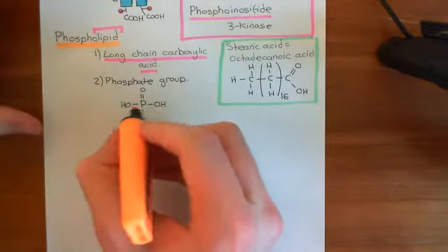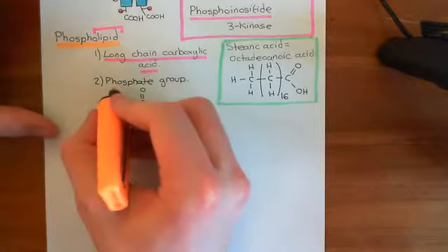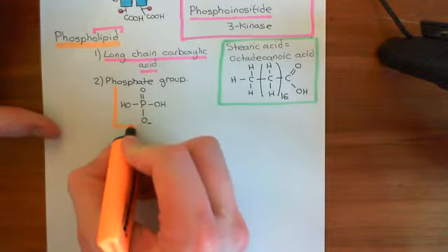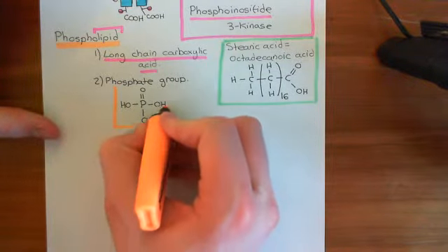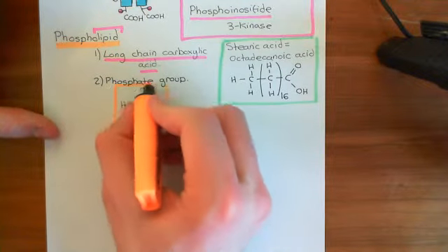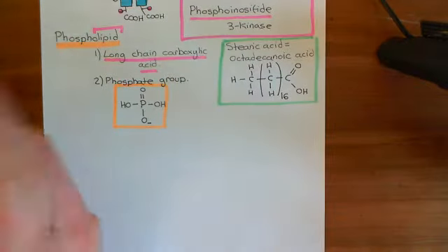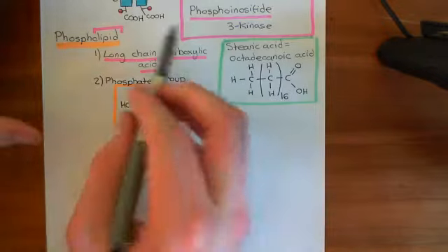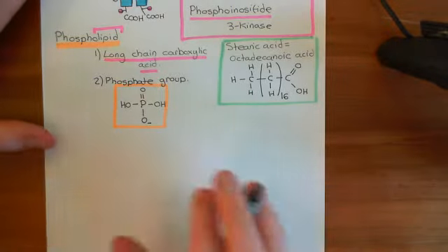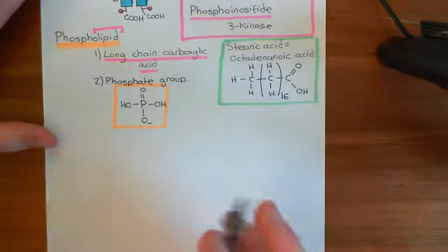So in order to be a phospholipid, you not only have to have a long-chain carboxylic acid within your structure, but you also have to have a phosphate group. Those are the only two criteria in order to be considered a phospholipid.